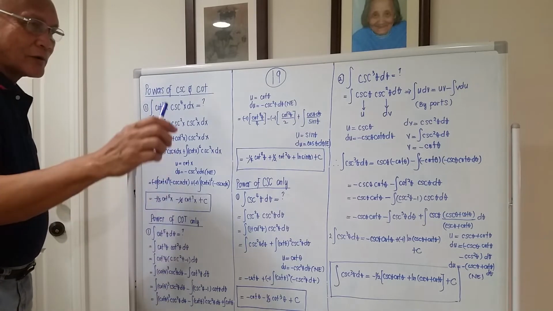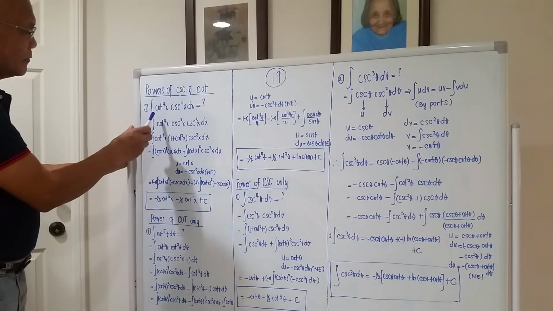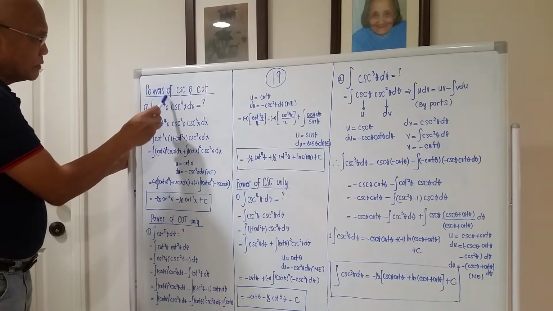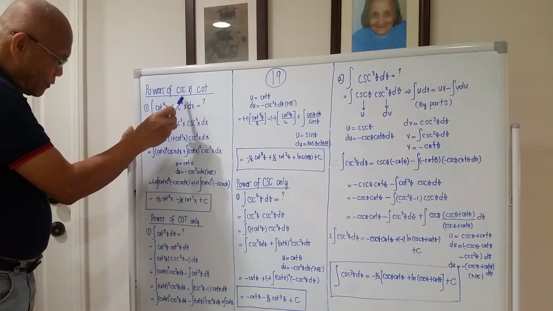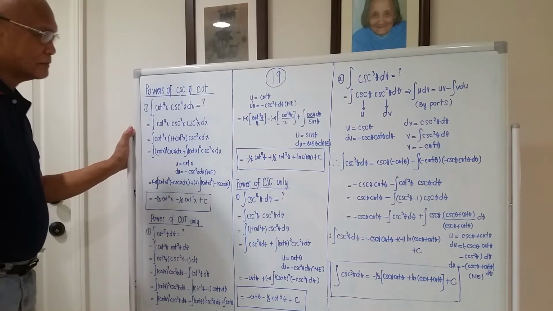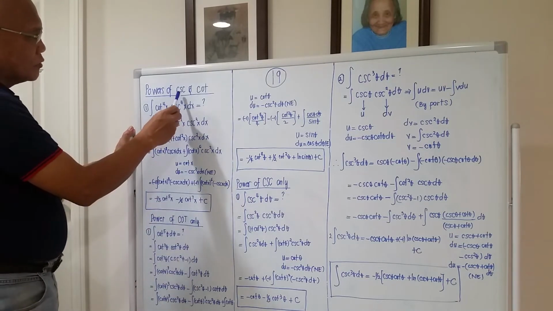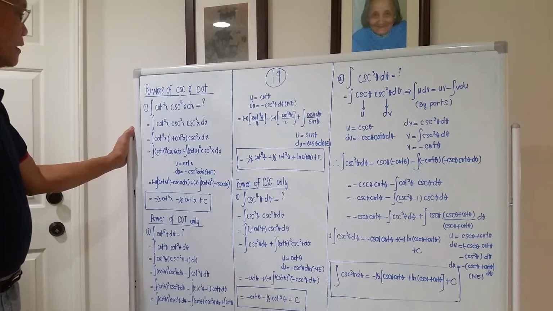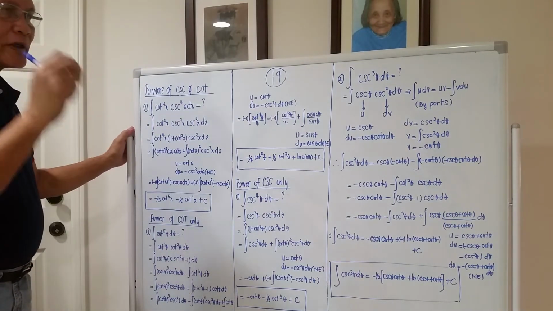Example number 1 for today, this will be the integral of cotangent to the fourth, cosecant to the fourth of x dx. It's a combination of a cosecant and cotangent. Okay, let's bring out the solution.